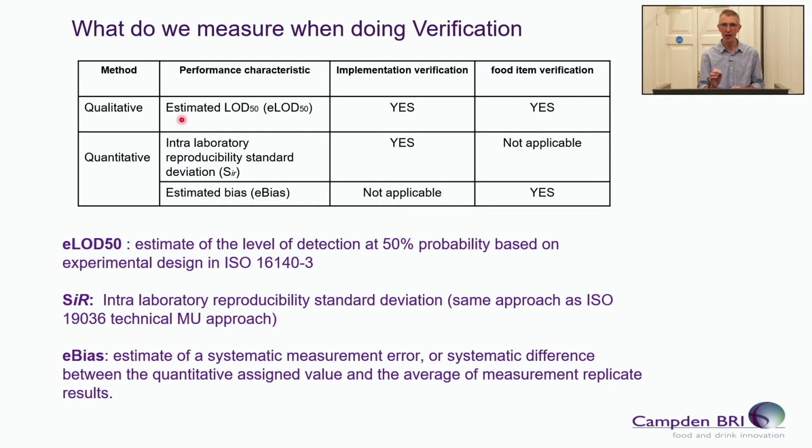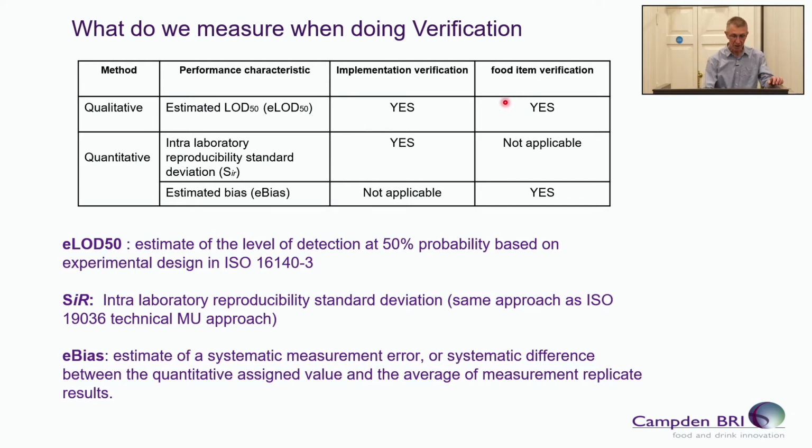How low can you go and still detect the presence of the organism? And the estimated LOD50 will be the performance characteristic that you use for both implementation verification, that's your comparison against the expert lab results, and for food item verification. You use the same characteristic for both.